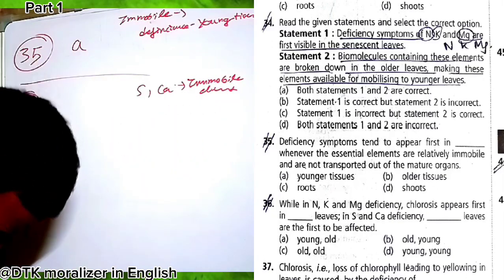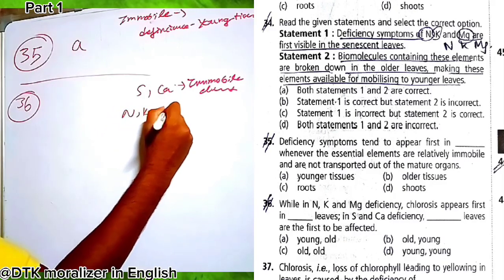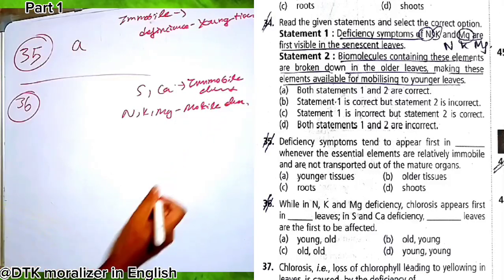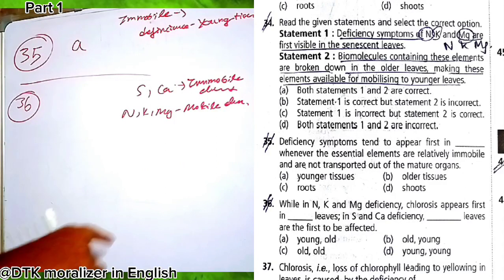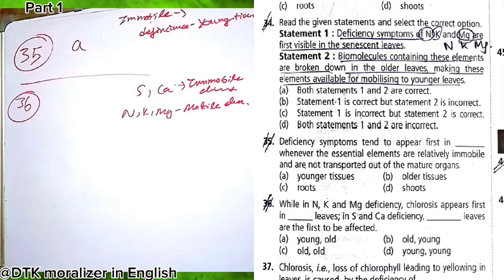Immobile element deficiency occurs in young tissues. Now nitrogen, potassium, and magnesium are mobile, so deficiency appears in older leaves. Now by the question, old, young.